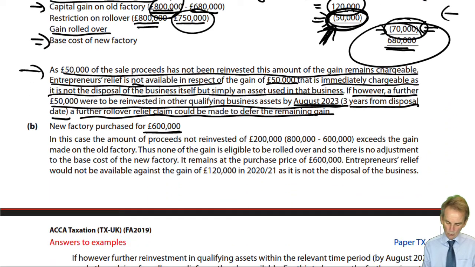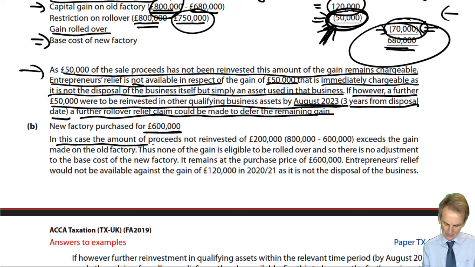But if now we bought for £600,000, then of course we are not going to get any rollover relief at all. We haven't been able to reinvest enough of those sales proceeds of 800,000 to make any of the gain eligible for rollover.